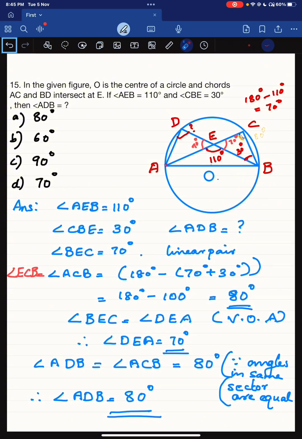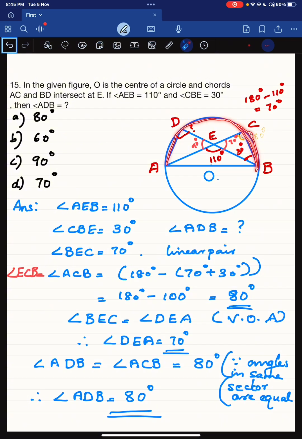But since these two angles are lying on the same sector of the circle, we have a theorem: angles in the same sector are equal, right?